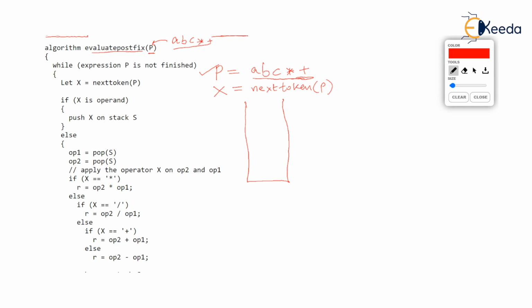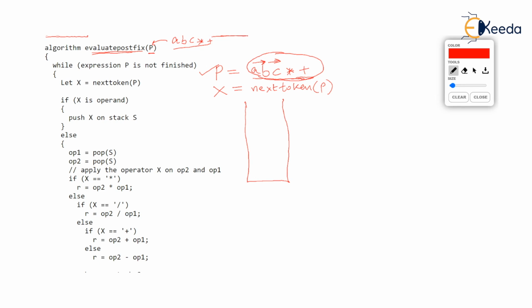to evaluate postfix. Now what is the method? The postfix expression given, A B C star plus, is scanned by our algorithm from left to right. While scanning, we take individual tokens, one single token from the postfix.